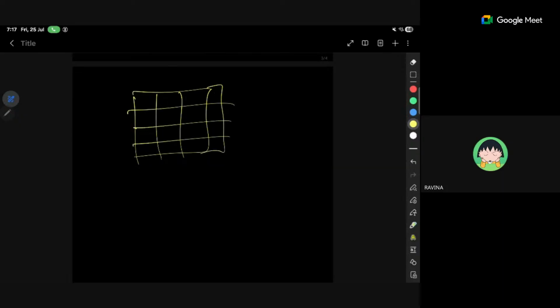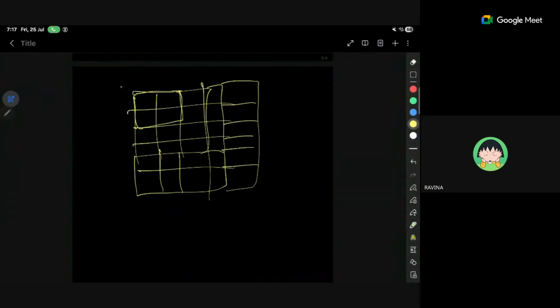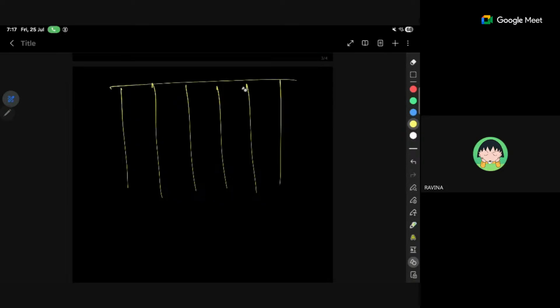Generally, if I start from here, let's say it is a 5 cross 5 image, and I have a filter of 3 cross 3, right? So the 3 cross 3 filter would be coming here first.